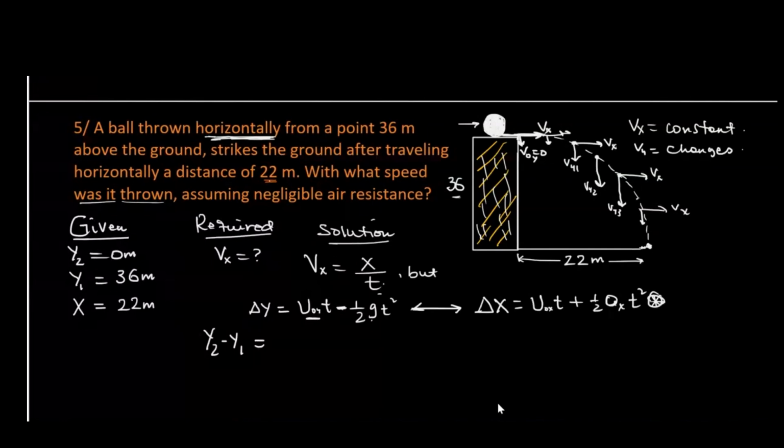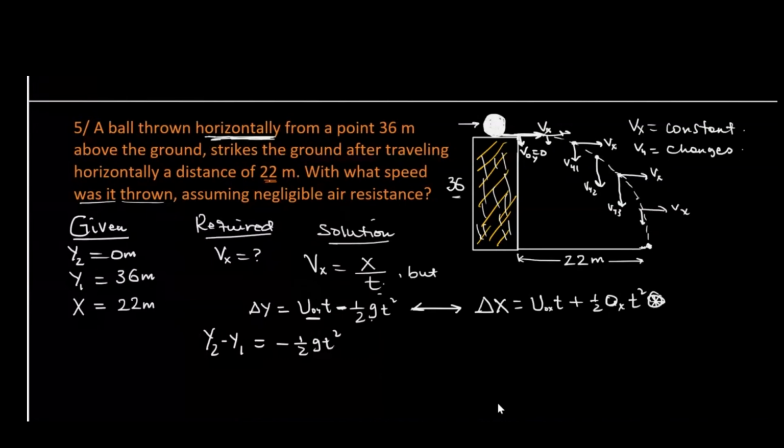That means the initial y component velocity of this ball is 0. That's the key point, you have to remember this. The initial y component velocity of this projectile motion is 0, so the beginning term is 0, and I will have only minus 1 over 2 g t squared.